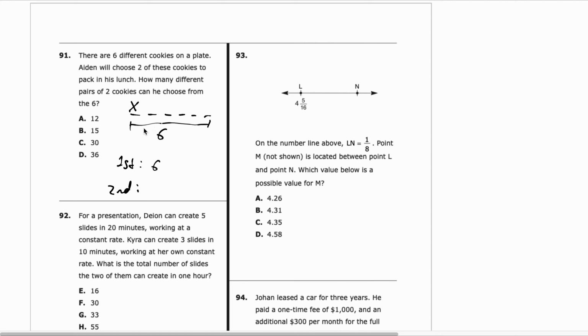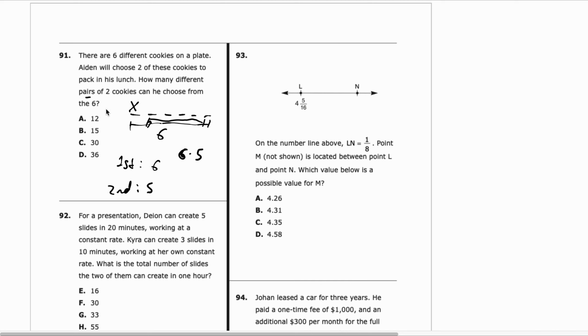So he has to choose another one, and now he has 5 choices. So you might be tempted to say there are like 6 times 5 pairs that he can choose from.